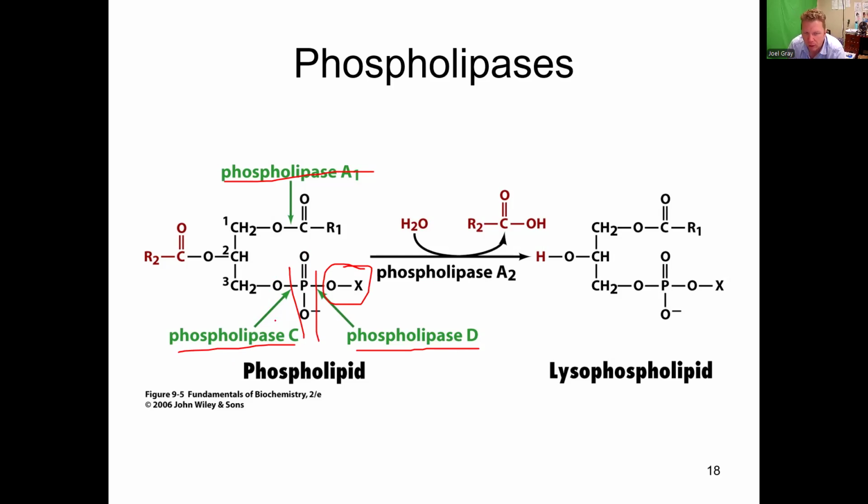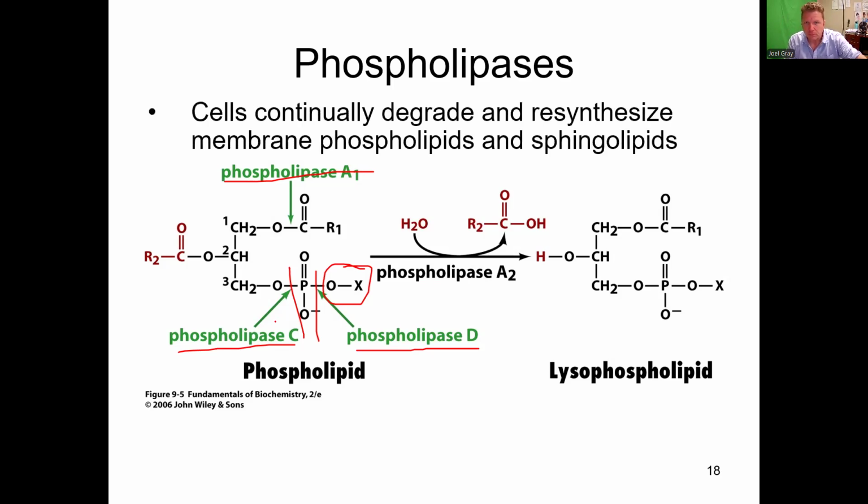So phospholipase C releases a phosphorylated head group, whereas phospholipase D releases just the head group. D is just the head group, and C is the phosphorylated head group. I want you to know where these different phospholipases cut and what their possible products are.